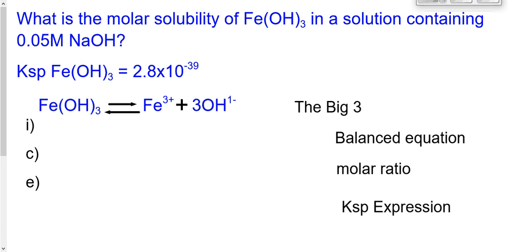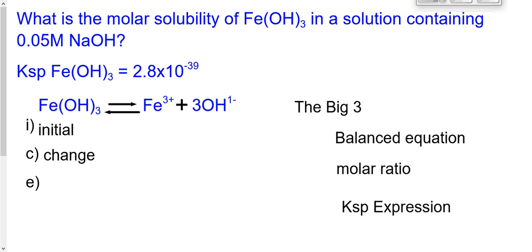So underneath our balanced equation, where we normally put a molar ratio, we're going to write the letters I, C, E. I stands for initial. What are the starting amounts that we have? C stands for change.